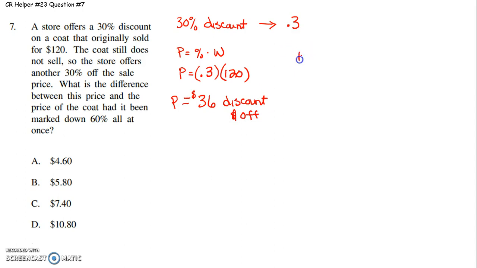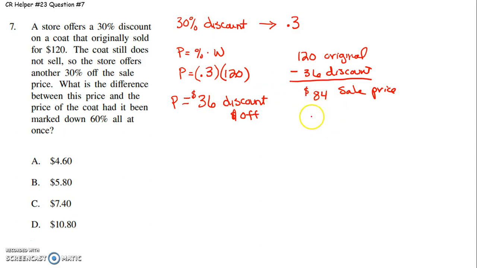So then you have to take your 120, your original, and subtract off your discount, and then you'll get your sale price. So 120 minus 36 is $84.